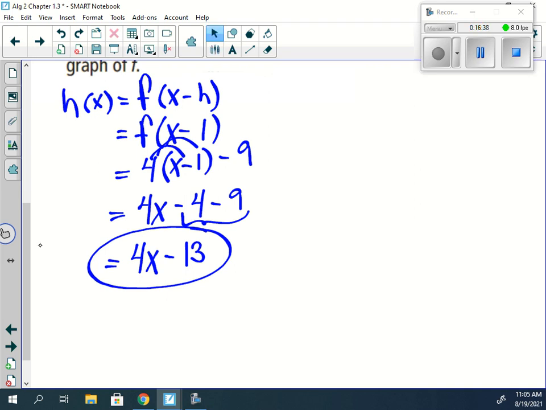And that there is our new function. Any questions on this here? We ready for the next one?